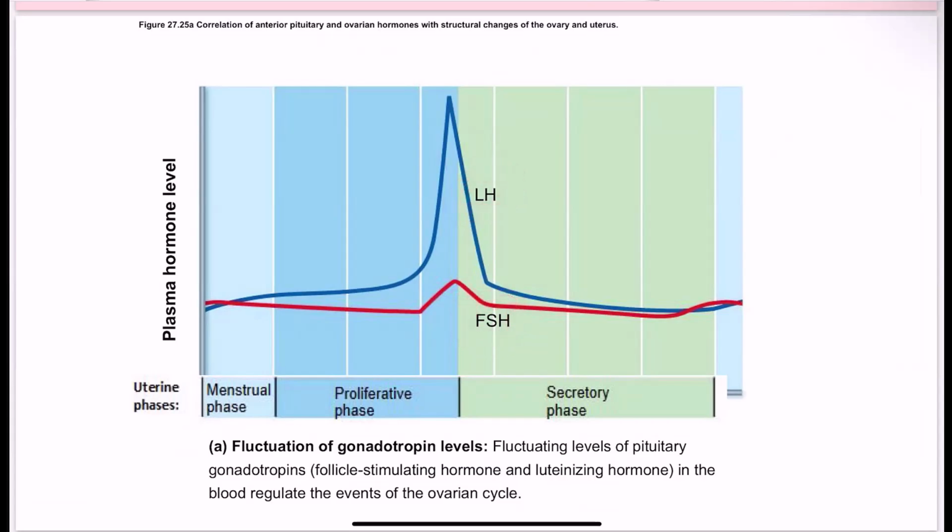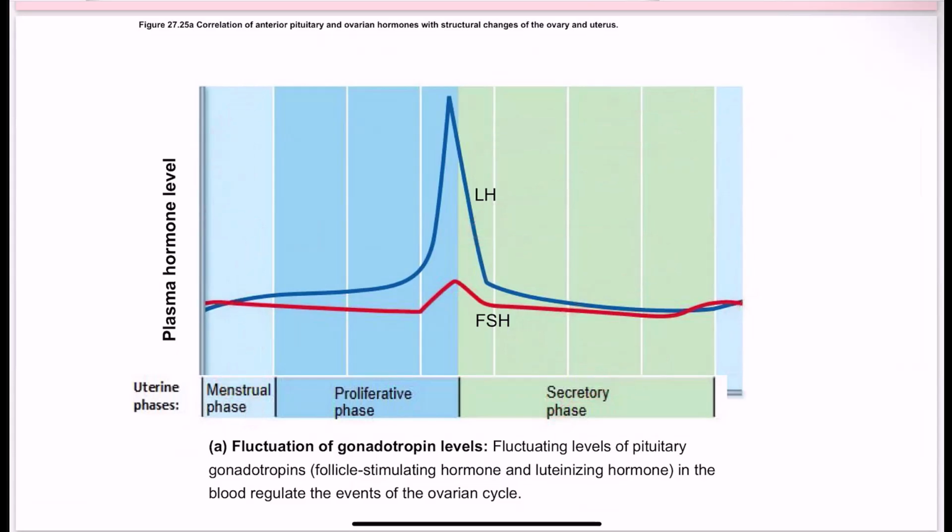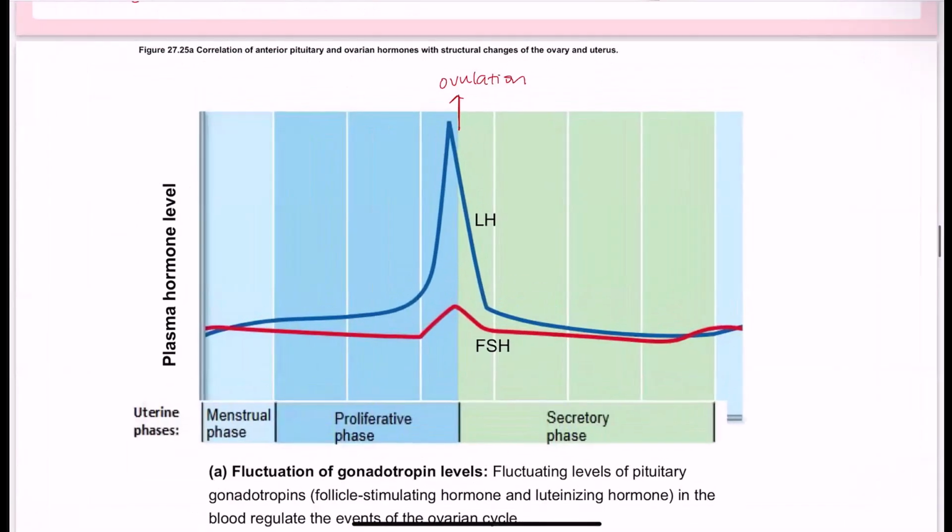Remember, all this medium blue is the proliferative phase, the secretory phase is everything in green, and menstrual is everything in the light blue. As those levels of LH fall off, that's when the menstrual cycle picks back up. Remember that between the proliferative phase and the secretory phase is the process of ovulation, where the egg is released.